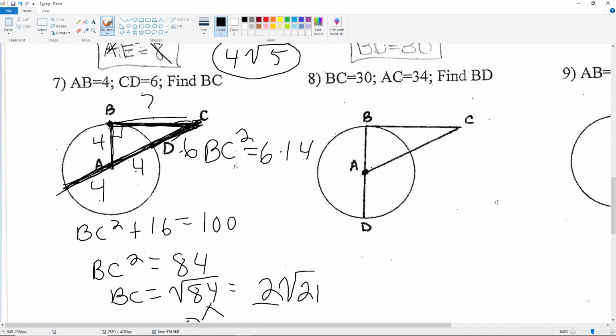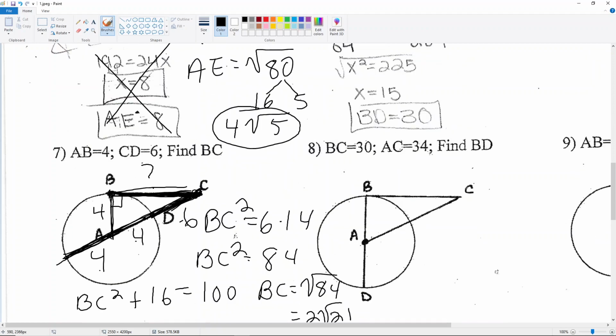So 6 times 14, BC squared equals 84. Then BC equals the square root of 84, which we found was 2 square root 21. Again, it's the tangent segment from the tangent point to the outside point, squared, equal to the outside part times the whole secant. We got 2 square root of 21 either way.